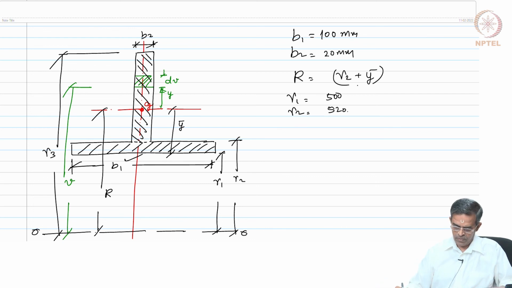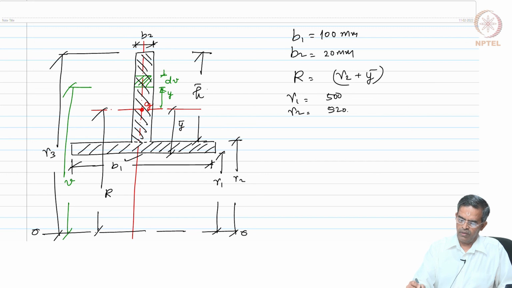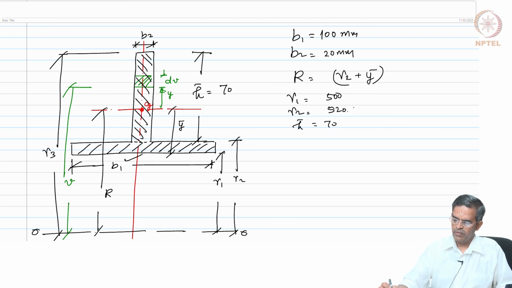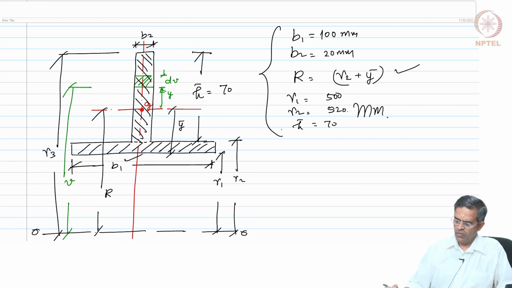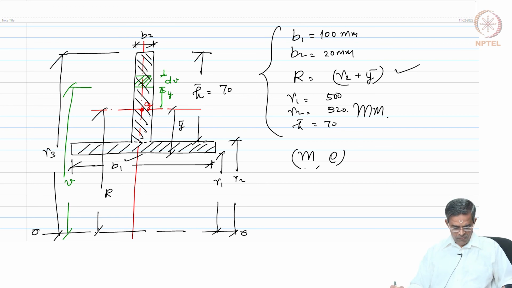You can find this for B1 and B2, and for this dimension which is h bar, which is taken as 70 mm, one can find R. Now, all dimensions are known, one can find M, one can find e. So, once you locate e, you will be able to locate the neutral axis, and then you can find the stresses and plot the stresses.